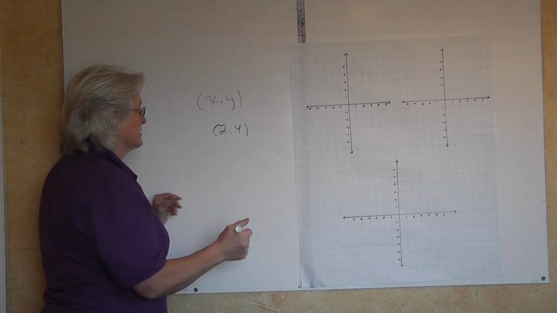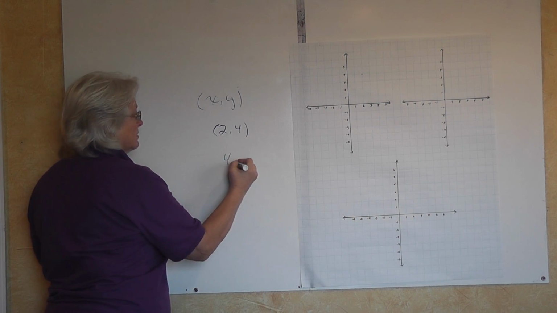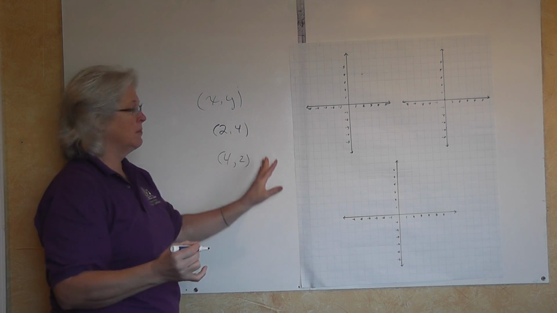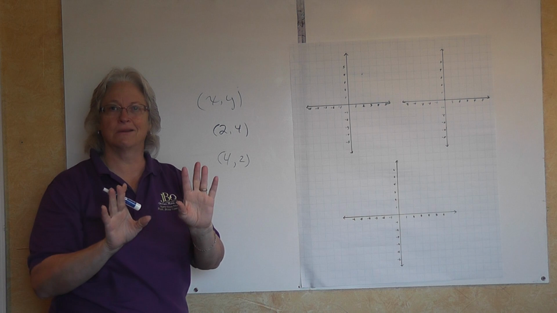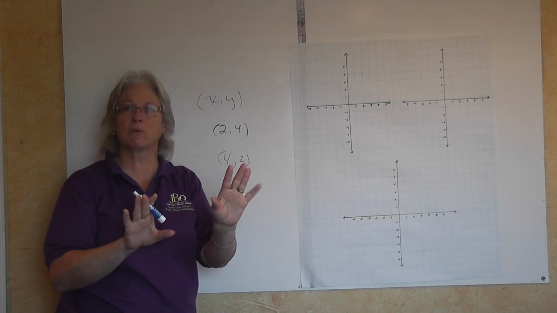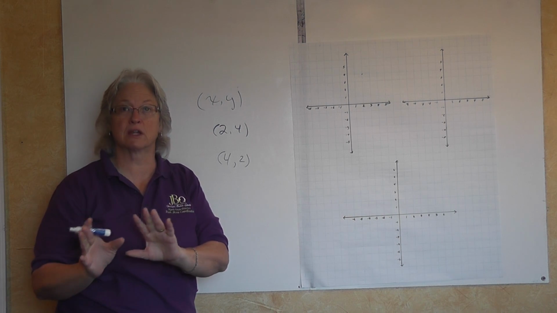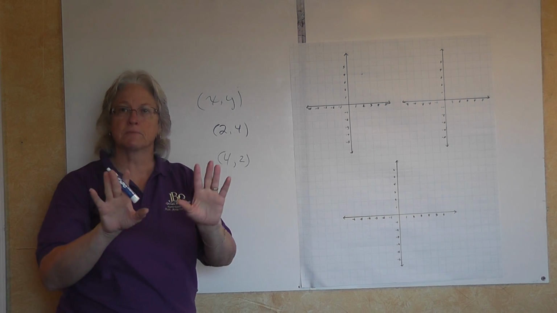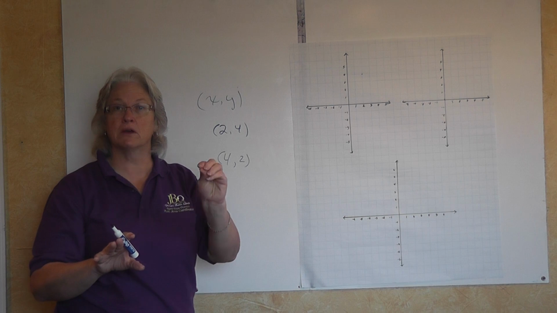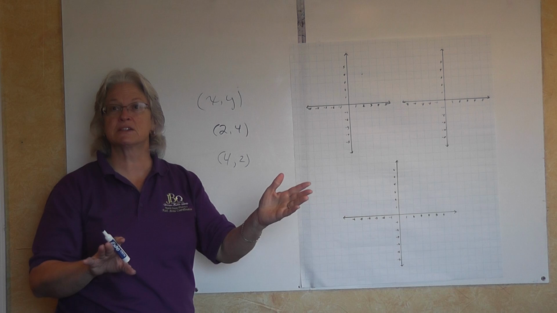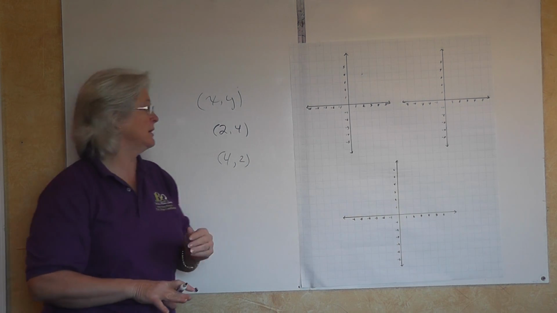Now order, like I just said, is important because ordered pairs are not commutative, if you will. Remember, we've learned that when you add numbers together or multiply numbers together, those two operations are commutative, because 2 times 4 is the same as 4 times 2, and 3 plus 6 is the same as 6 plus 3.